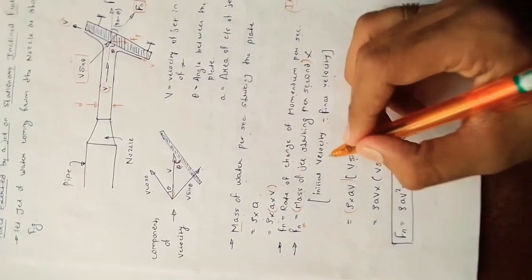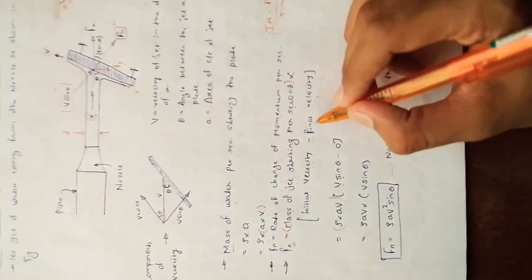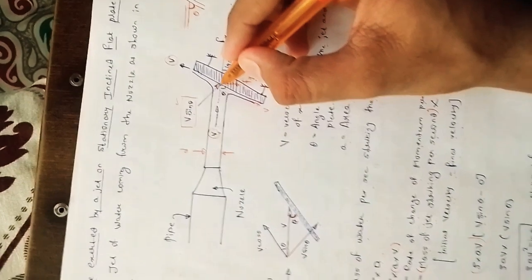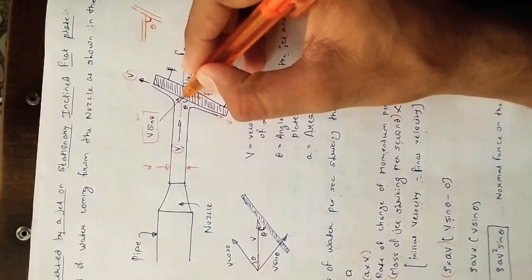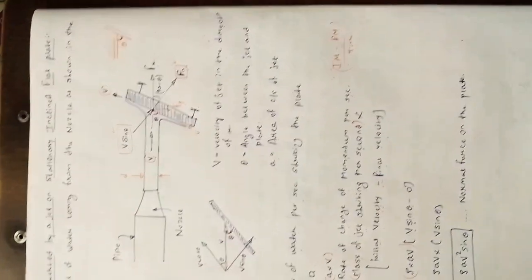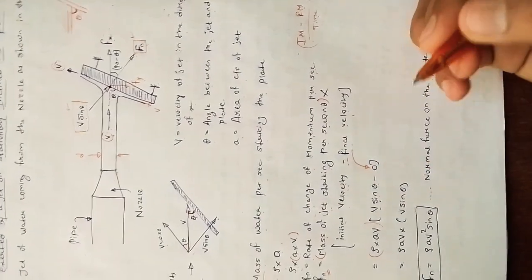So the initial velocity will be V sin theta and not V, and the final velocity will be 0. Final velocity means the velocity at this point, and when the water strikes the surface, for an instant the water stops, so the velocity is 0.